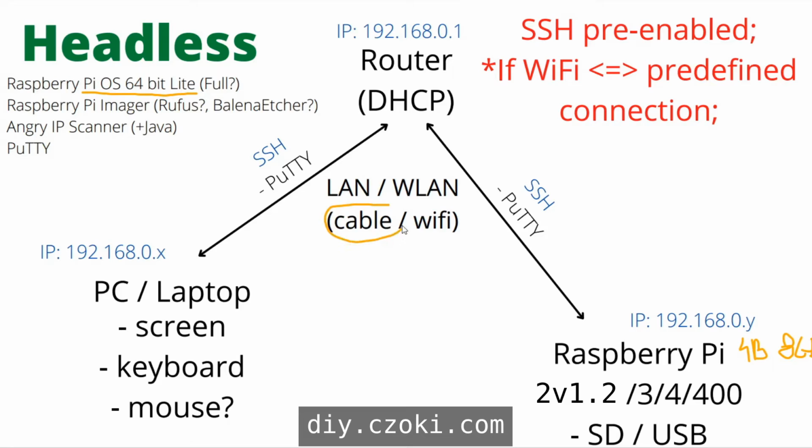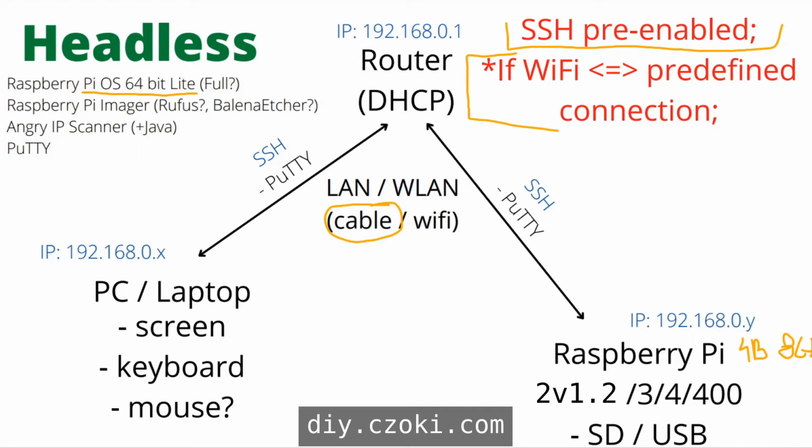I'm going to use a cable connection here, so I will have to predefine, as a minimum, SSH, pre-enable it, and I will show you how to predefine the Wi-Fi connection or configure the IP for a cable connection upfront before the first booting.